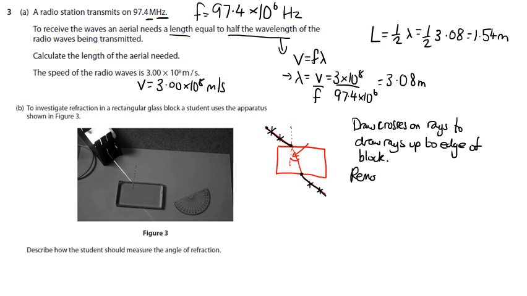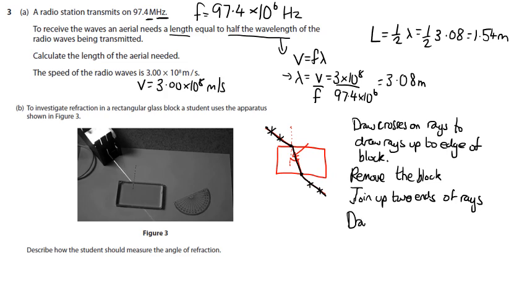Then we need to remove the block because we need to join up in between, and we can't do that if the glass block's in the way. So remove the block, and then it's like a dot to dot. So join up the two ends of the rays. Okay, so what we get is like that.